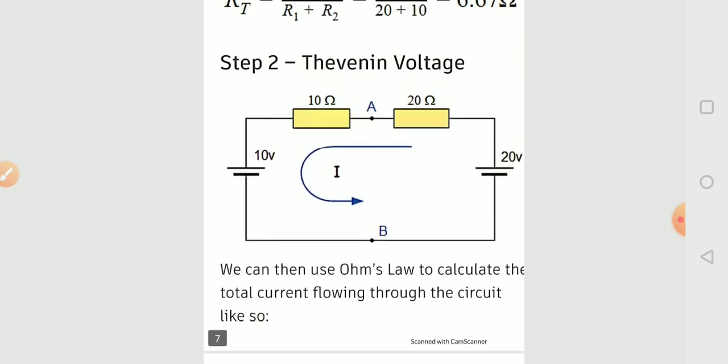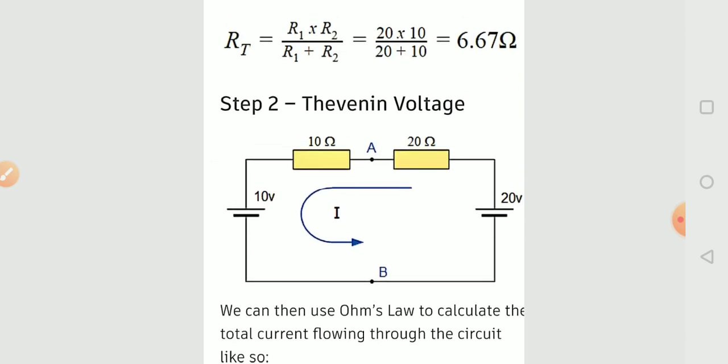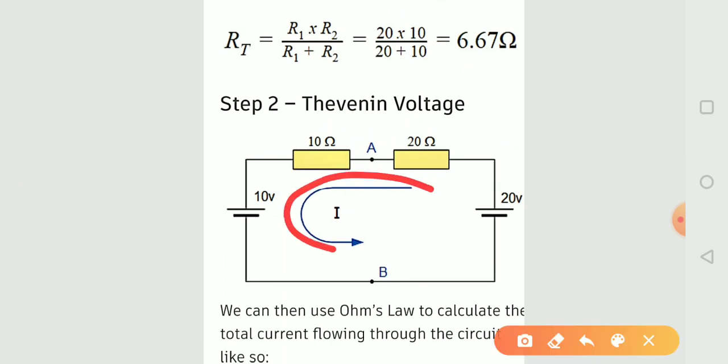Now we find the current flowing through the branch. For this, we can apply Ohm's law. Here I is the current flowing through the branch, and the voltages are 20 volt and 10 volt.